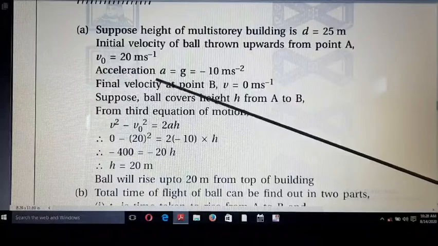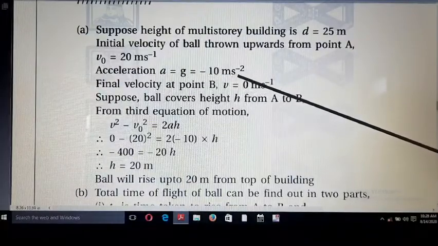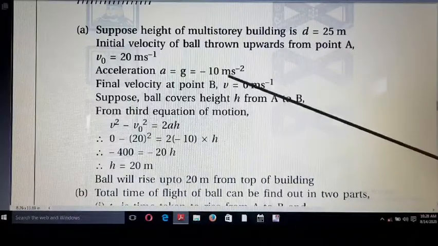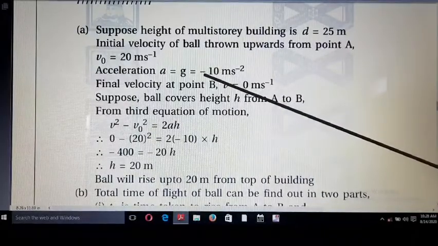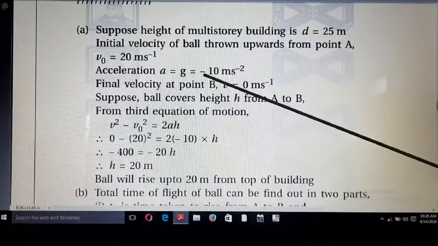And acceleration a is equal to g is equal to minus 10 meter per second square. Here we take minus sign because gravitational acceleration is always in downward direction.